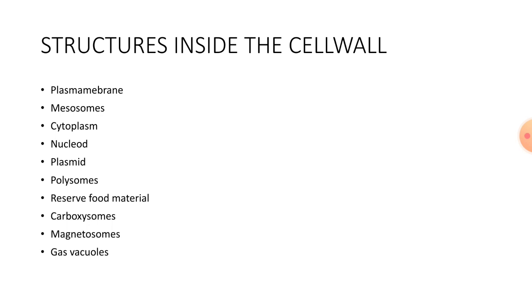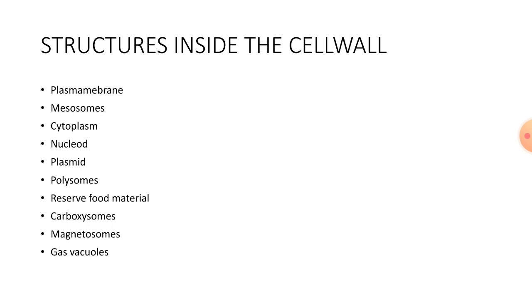Mesosomes generally show respiratory enzymes, so they may be involved in respiration. They are also involved in the equal distribution of genetic material between the two daughter cells during binary fission. And then the cytoplasm.